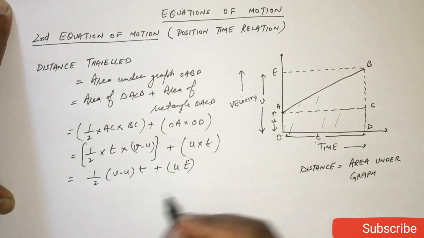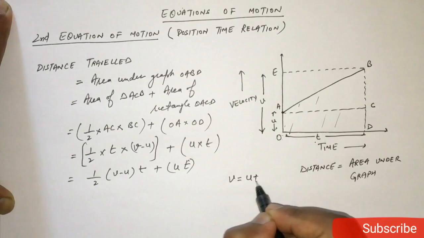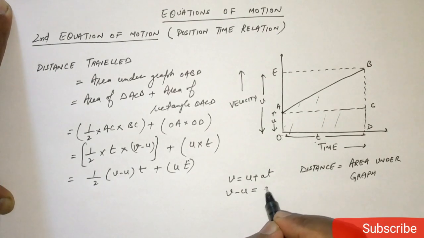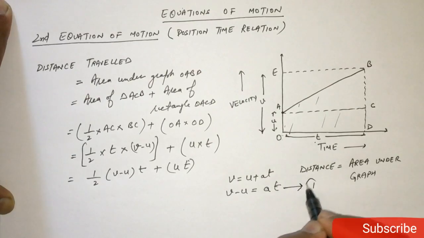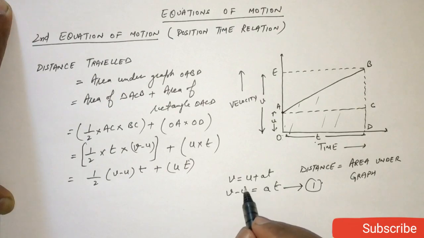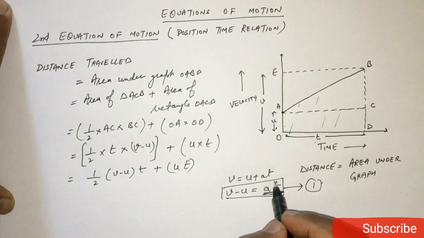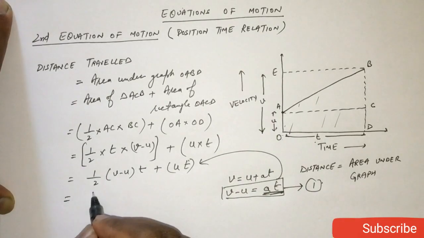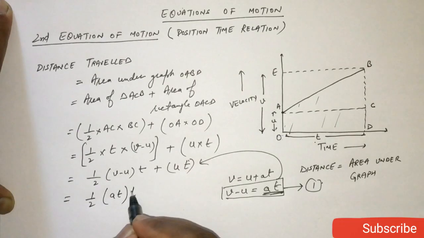Now from the first equation of motion we have v equals u plus at, and v minus u becomes a into t. Let me call this equation number 1. Now put this value of v minus u equals at in this equation. So the value of v minus u is a into t.